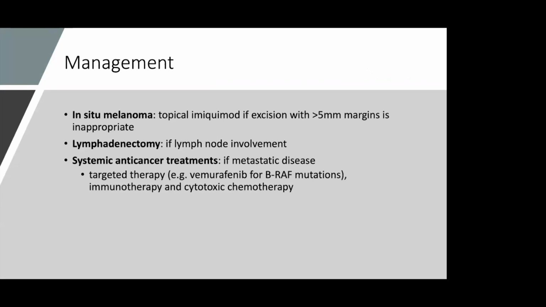And in more metastatic settings, we'll be considering targeted therapies, particularly if things like the BRAF mutation has been identified, and other immunotherapy or cytotoxic chemotherapies may also be appropriate.